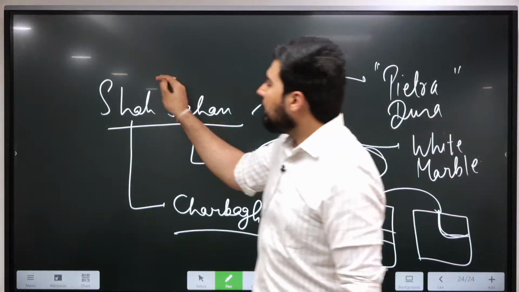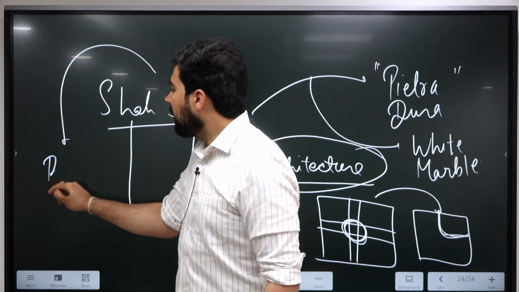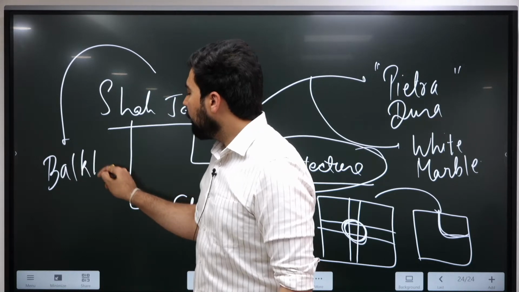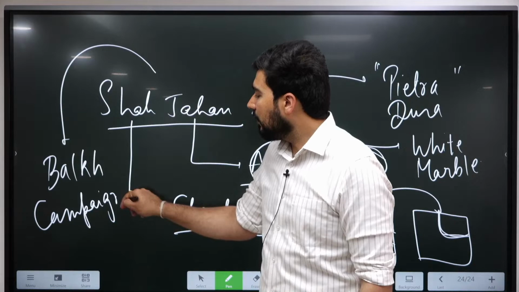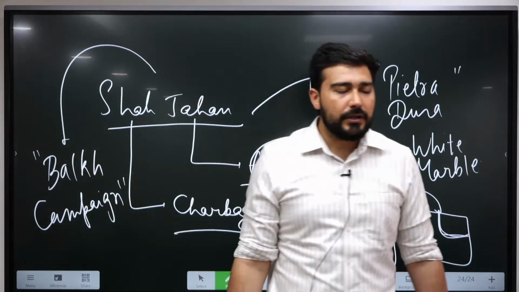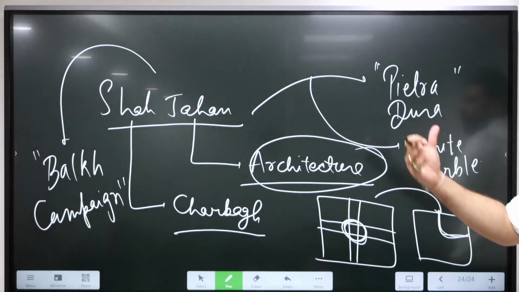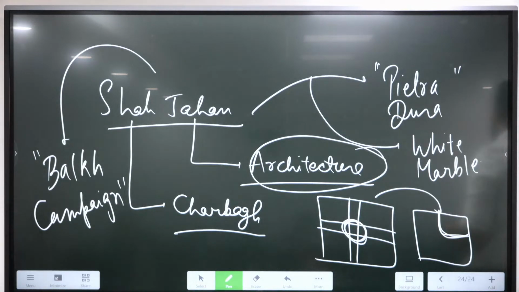He also tried to go towards Central Asia. There is one famous Balkh campaign where he sent Aurangzeb for fighting. Even if they were able to win the area of Balkh in Central Asia, they were not able to hold it for a longer time.